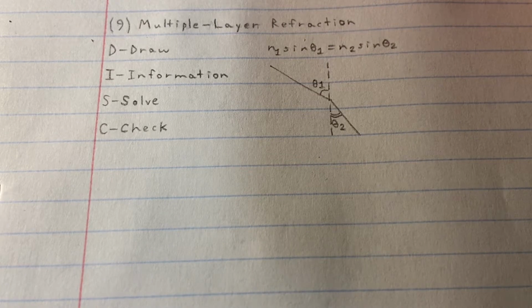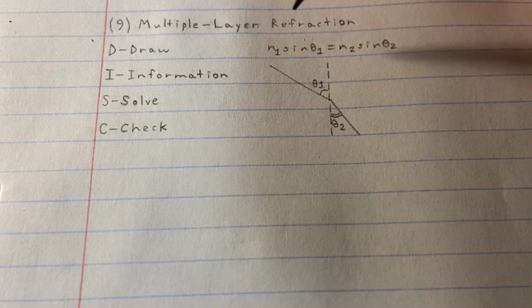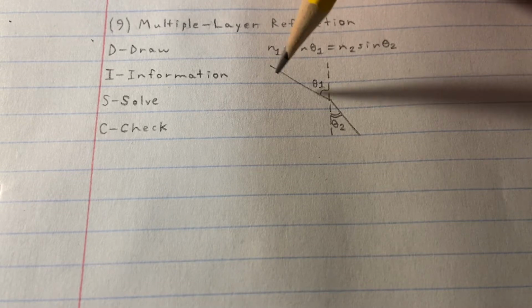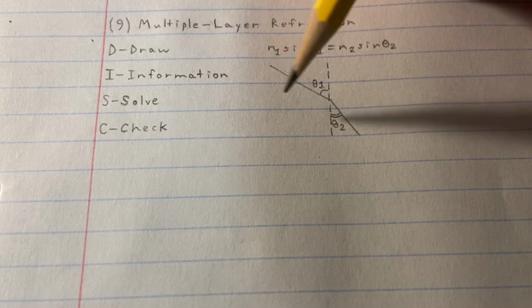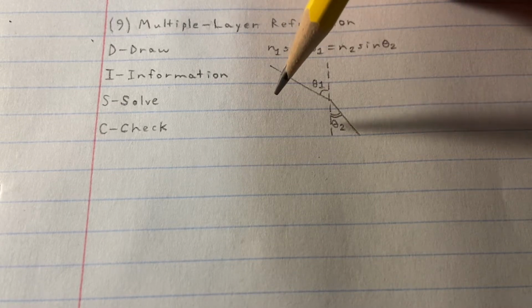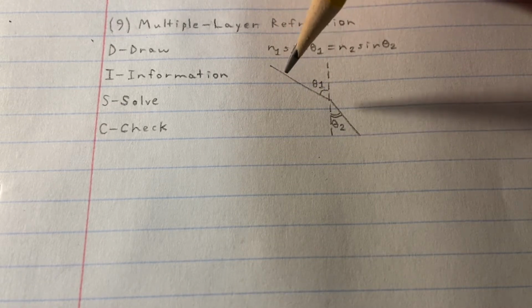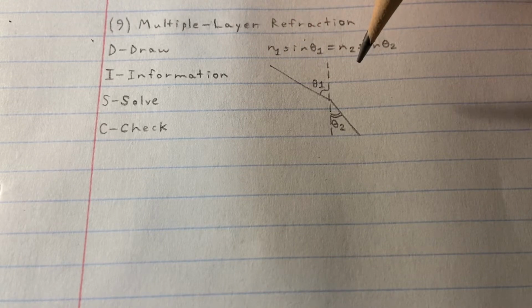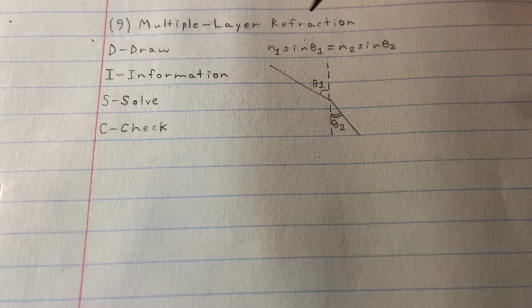Now, the indices of refraction will essentially control this side of the vertical line. So for this situation, for theta 1, n1 would determine the values going in, or at least a portion of the values going in, and n2 will determine the portion of the values going back out. And this will make more sense to you once we actually begin the problem.